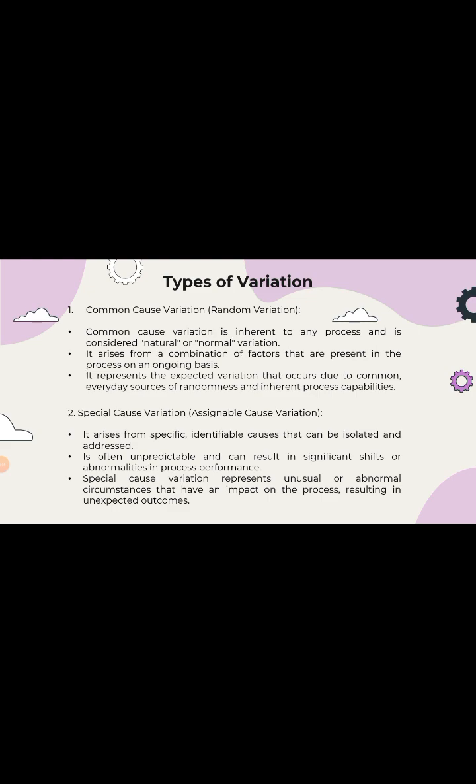The second mistake: we think it's a special cause of variation, but actually it's a common cause of variation. These are the two types of mistakes we commonly misunderstand in terms of variation.